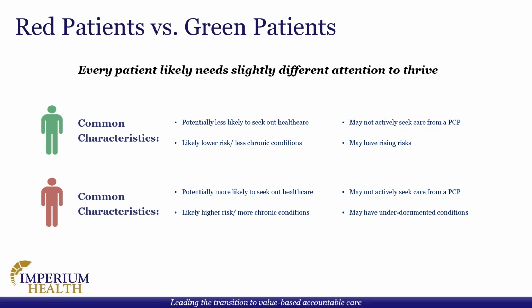As complex as they are, we don't often think about slowing down to document on those patients that are so medically challenging. And they may or may not seek out care from a PCP. This could be a patient that is likely to go to the emergency department, but not necessarily likely to follow up with their PCP. So how can we engage this patient that is seeking out a lot of healthcare to come to the PCP, that really high value, well-connected setting?